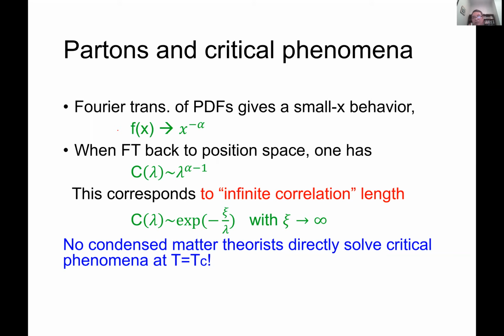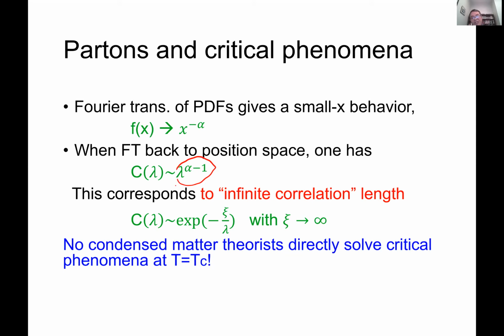If you Fourier transform this to position space, you get the Lightcone distance. So x, its Fourier conjugate, is the distance along the Lightcone, which here I call lambda. And so you get a Lightcone correlation that goes like lambda to the alpha minus 1.